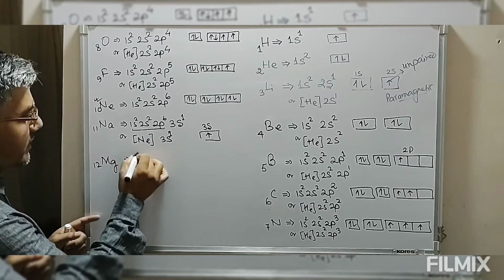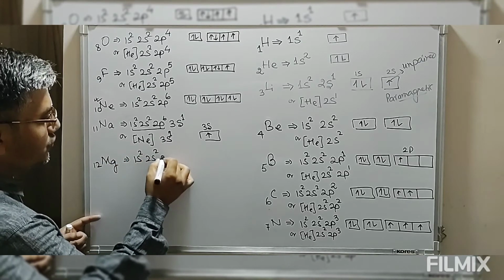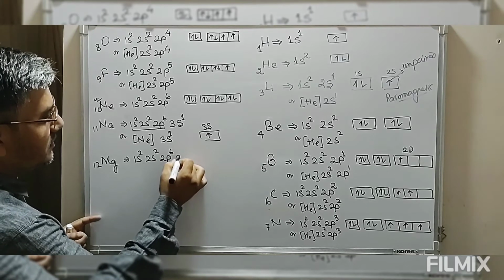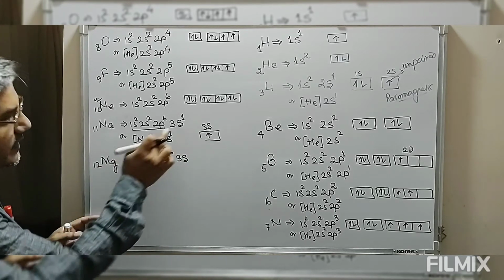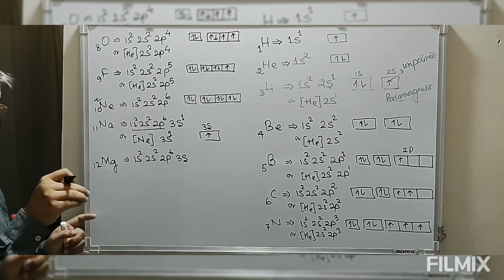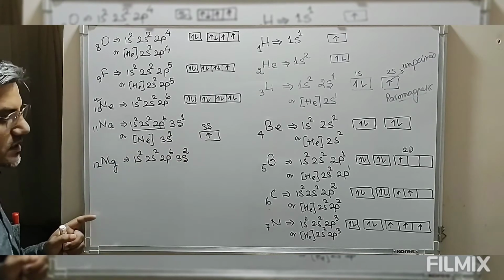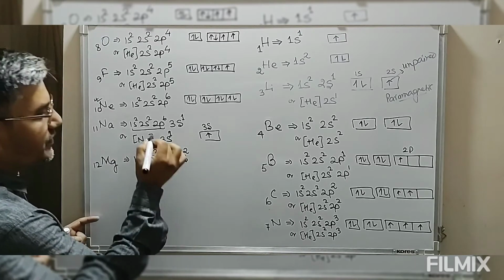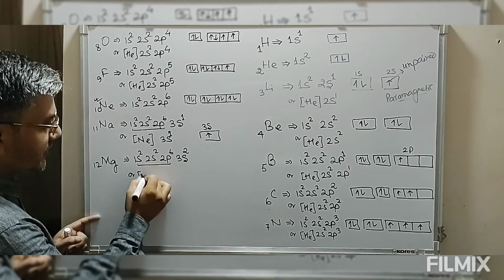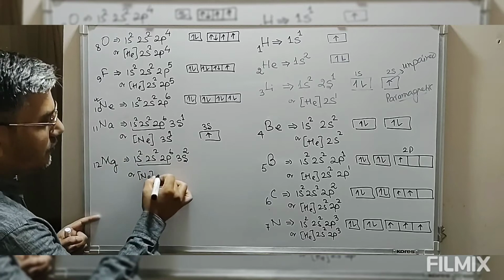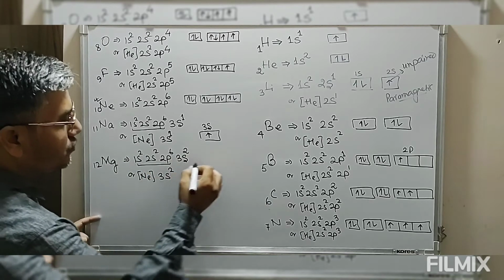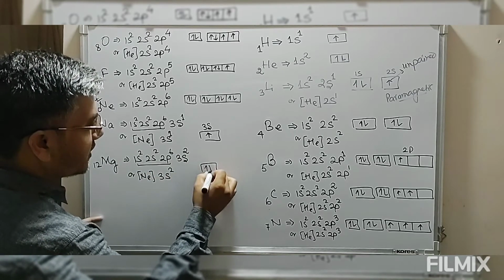We can write 1s2, 2s2, 2p6, 3s. Now s can have a maximum of 2 electrons, so the 12th electron should also be placed in 3s. This is the configuration of neon followed by 3s2.